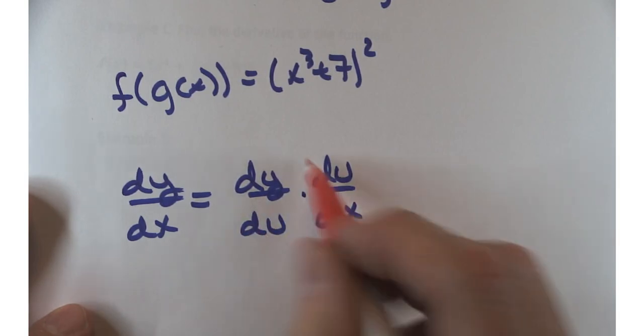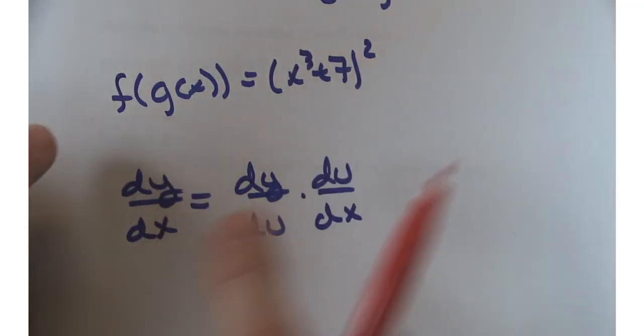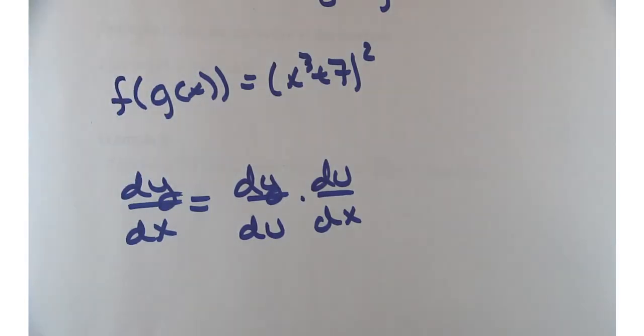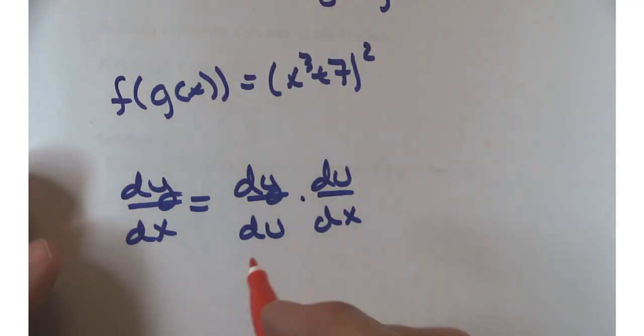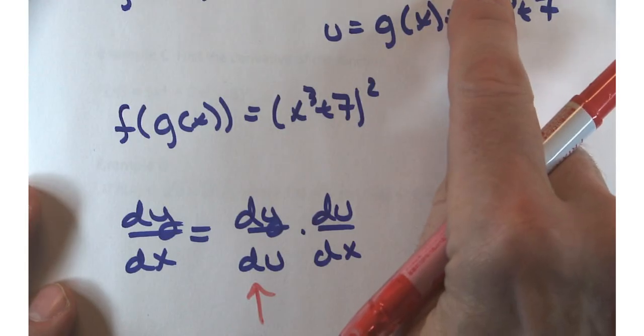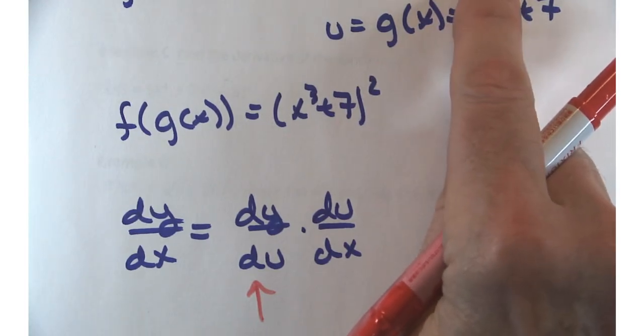It looks like you could cancel the du's, right? And if you cancel the du's, you'd be left with dy by dx. So that has the right feel to it, that those would cancel and you get the right thing. Now, let's take a look at what each of these would be. If I differentiate this with respect to u, what's the derivative of this with respect to u?